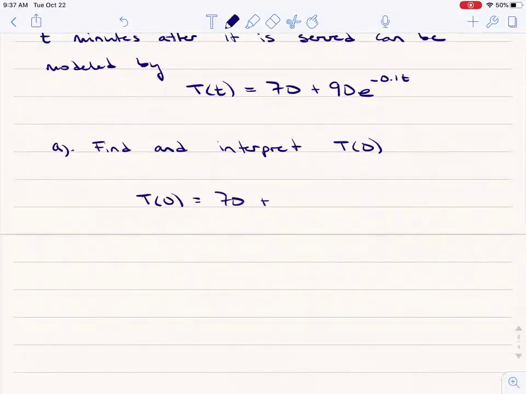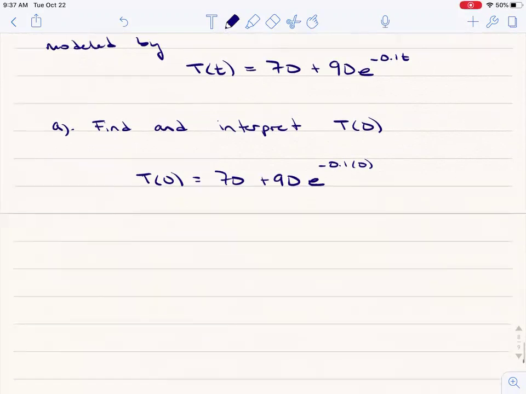So we've got 70 plus 90 times e to the power of negative 0.1 times 0. So we get 70 plus 90 times e to the power of 0. Negative 0.1 times 0 is just 0.